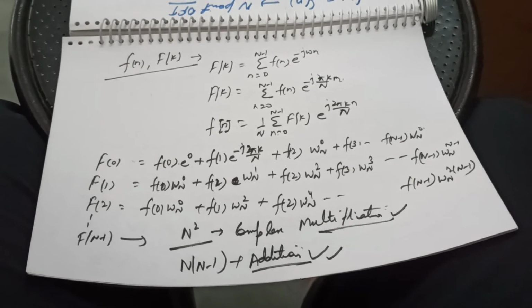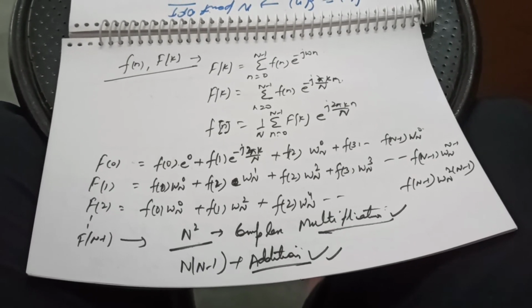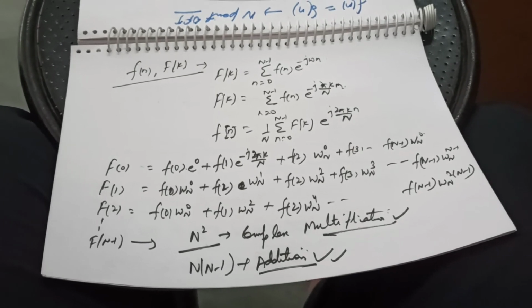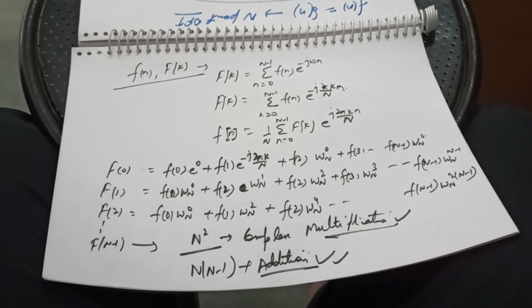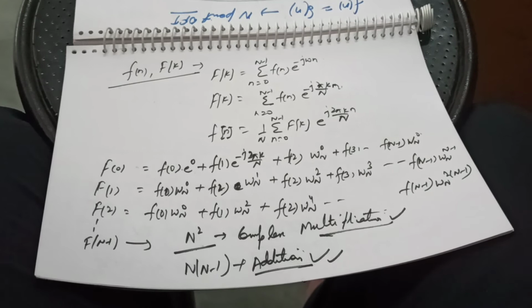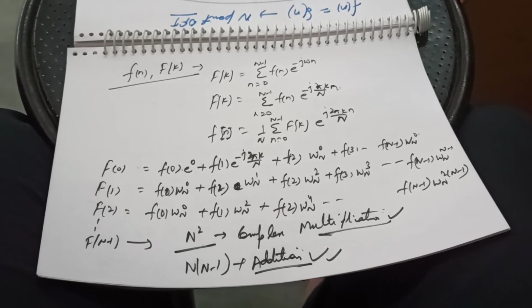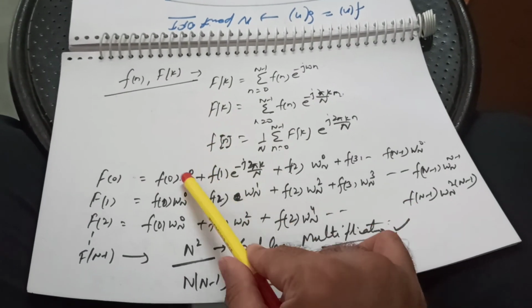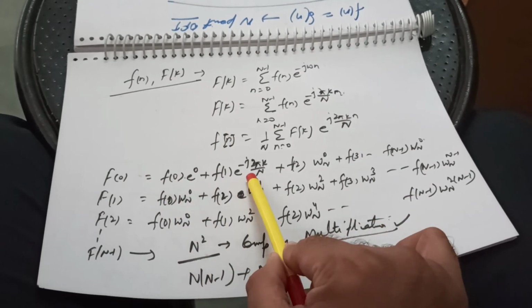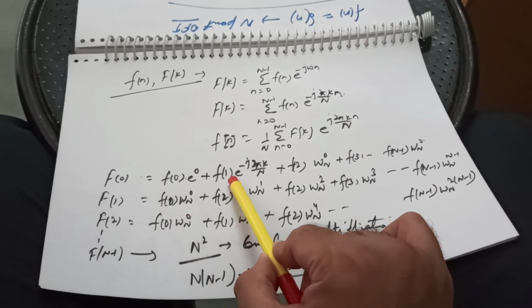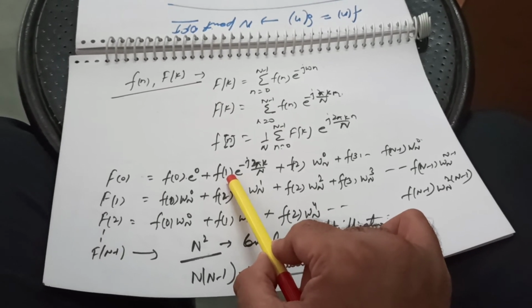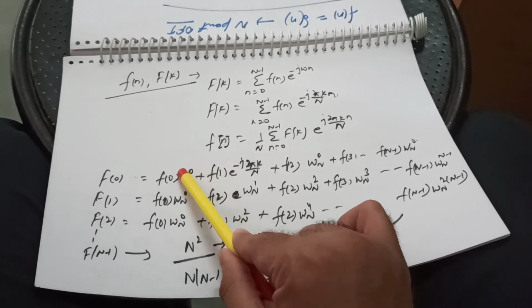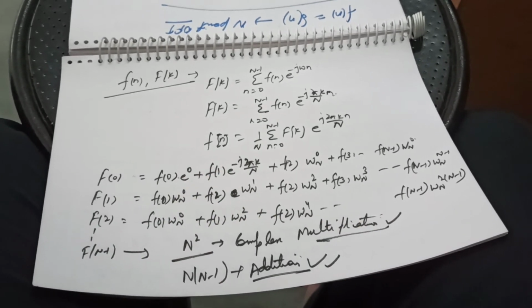Okay. Now coming back to the number of additions. How many additions are happening in this whole expression? Have a look at this. These are 2 terms, and between these 2 terms, a single addition is happening.